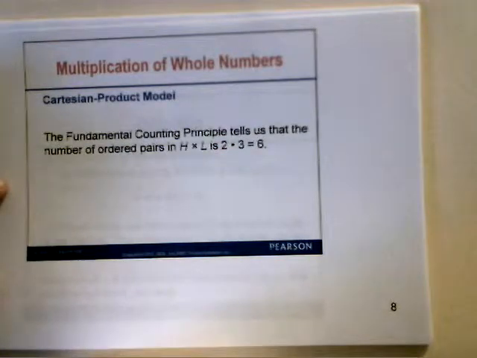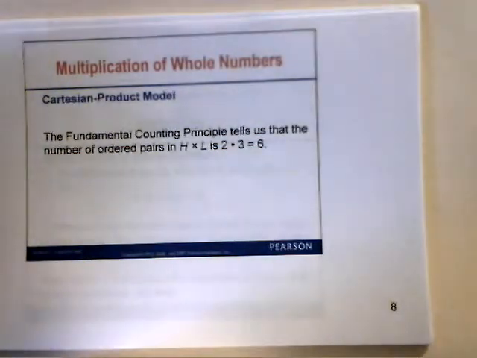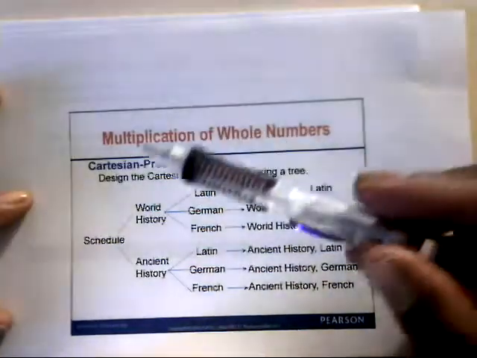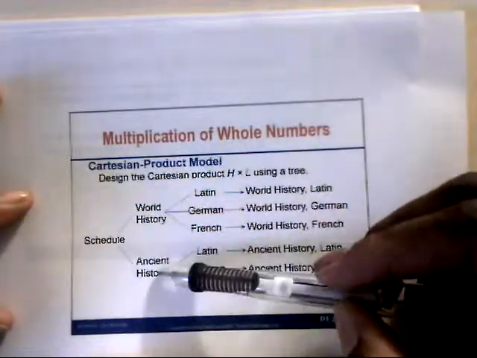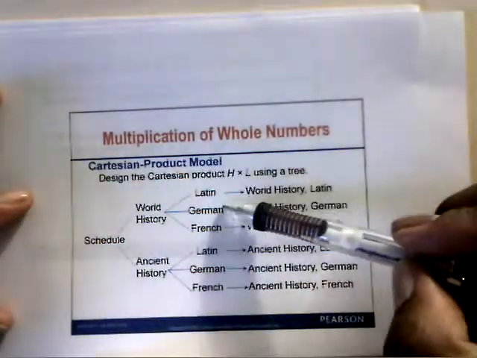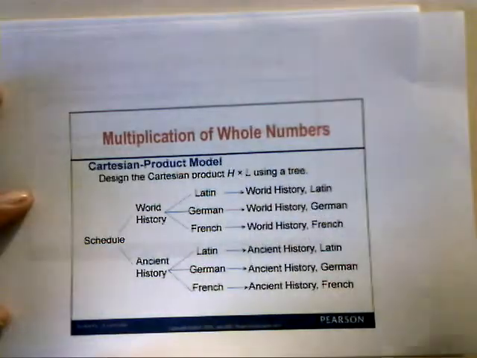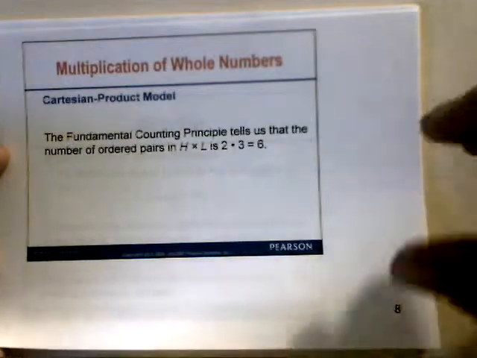And this is where the fundamental counting principle comes in. It tells us that the number of ordered pairs in H cross L will be 2 times 3 or 6. In other words, you can see we have 2 choices of a history and only 3 choices of a language. So 2 times 3 would be 6.